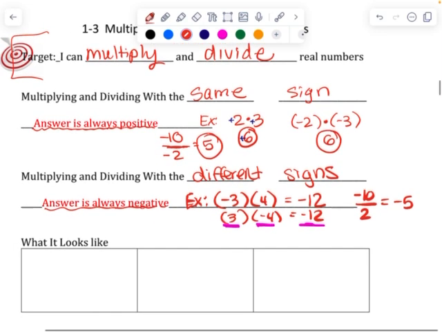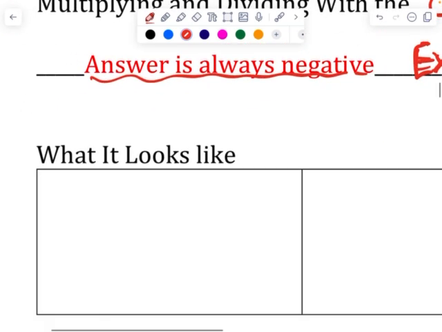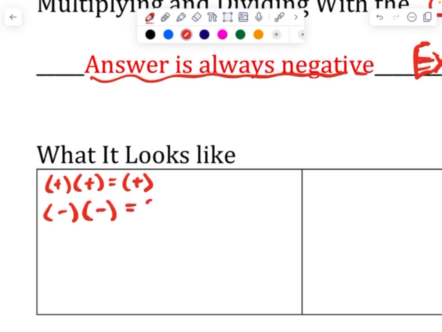So multiplying and dividing rules, we look at the signs of the numbers. So let's take a look here. When I have a positive number times a positive number, I get a positive number. If I have a negative number times a negative number, I get a positive number.